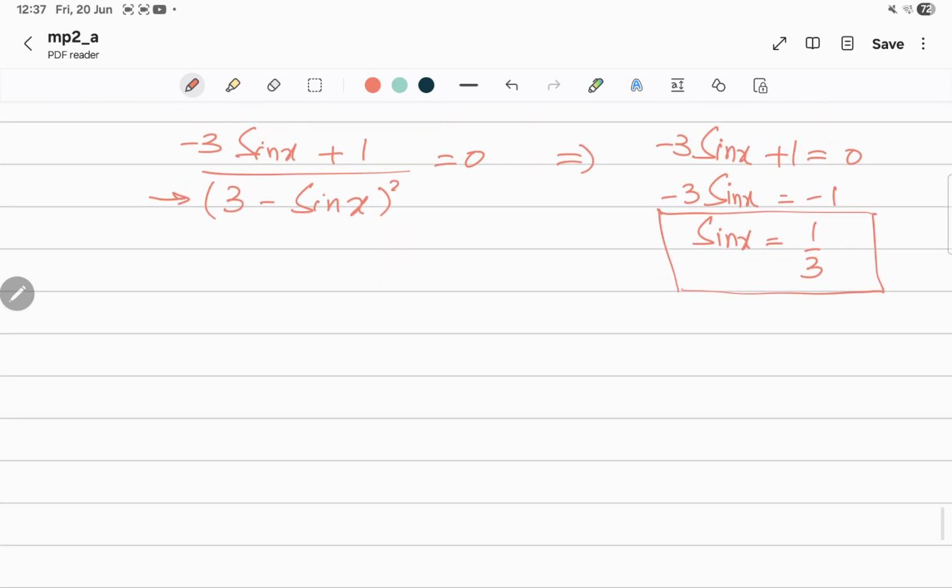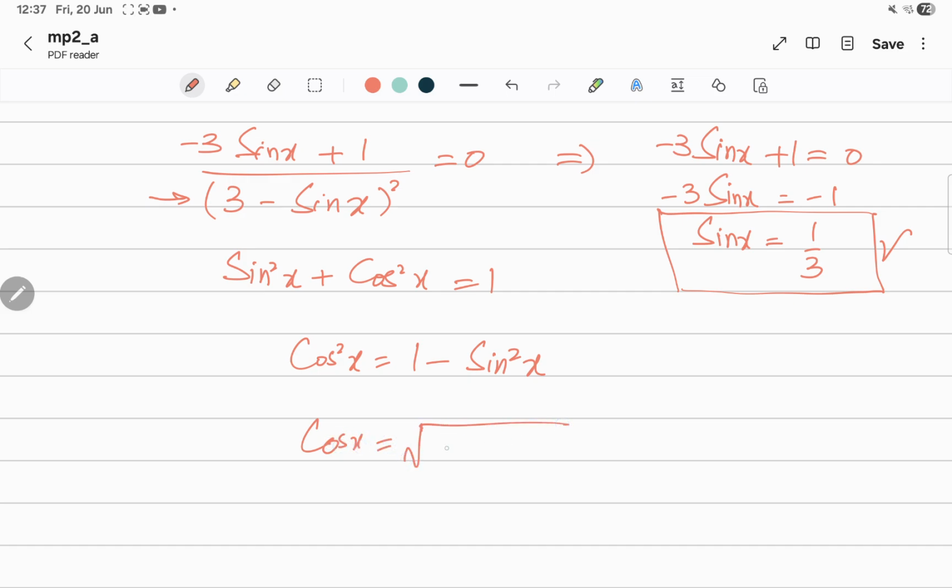Okay, so we got sin x equals 1 over 3, and we know that sin square x plus cos square x equals 1. If you make cos square x the subject, it will be cos square x equals 1 minus sin square x. If you apply the root on both sides, cos x will be root of 1 minus sin square x, and when you apply the root, you'll get positive and negative, both answers.